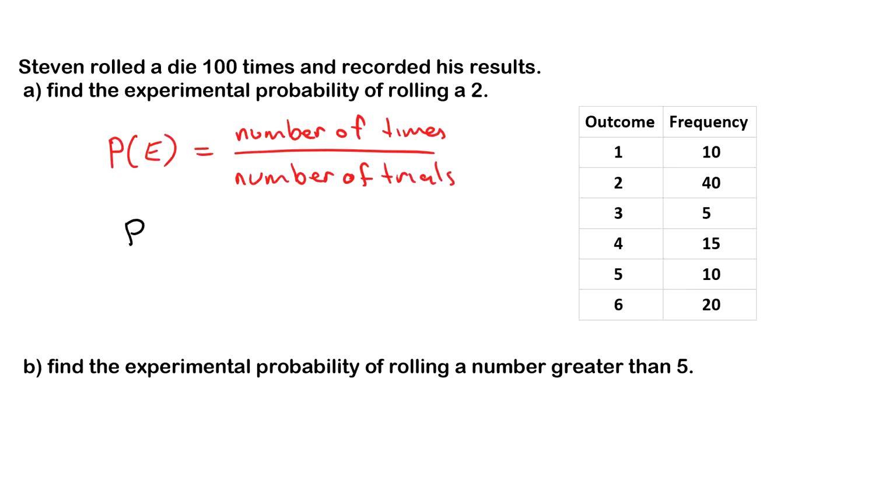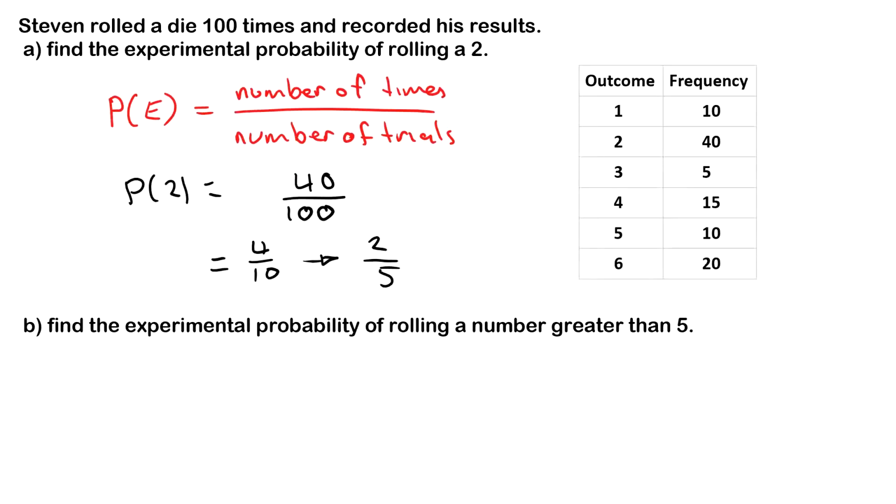So if we're trying to find the probability of 2, we look at our table and we go to the frequency. It occurred 40 times. But there were 100 trials, so 40 over 100, which can be simplified down to 4 over 10, and then furthermore down to 2 over 5.